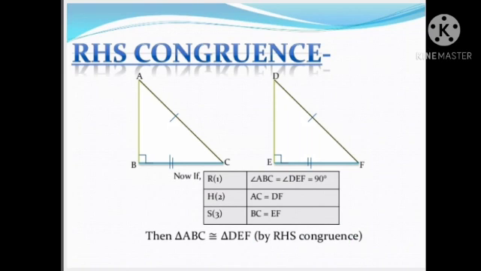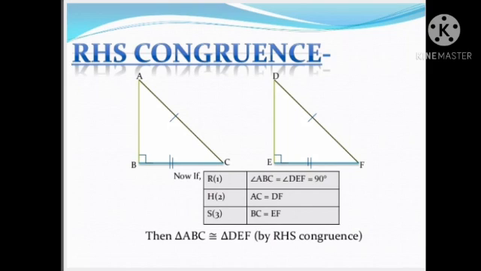Last criterion, the RHS congruence rule. RHS means R is right angle, H is hypotenuse, and S is side. If the hypotenuse and one side of a right angled triangle are equal to the corresponding hypotenuse and side of the other right angled triangle, then the triangles are said to be congruent. Observe here two triangles.